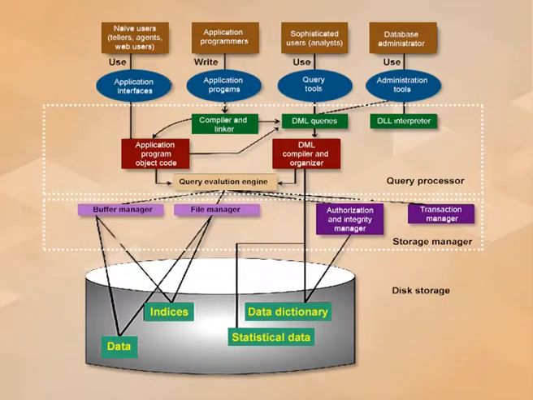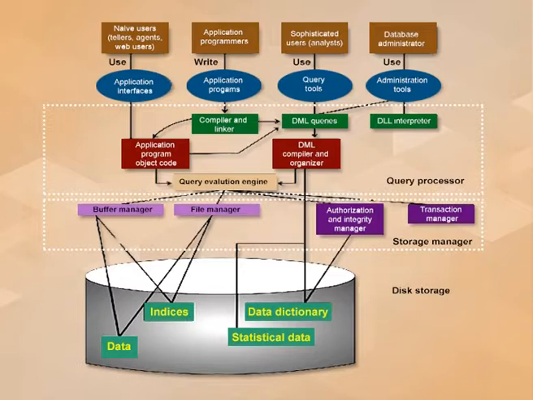Here you can find the three levels of abstraction: one is the physical level, the logical level, and the view level. Depending upon the levels, we are going to identify what the components are and what the functions of each component in that level are.